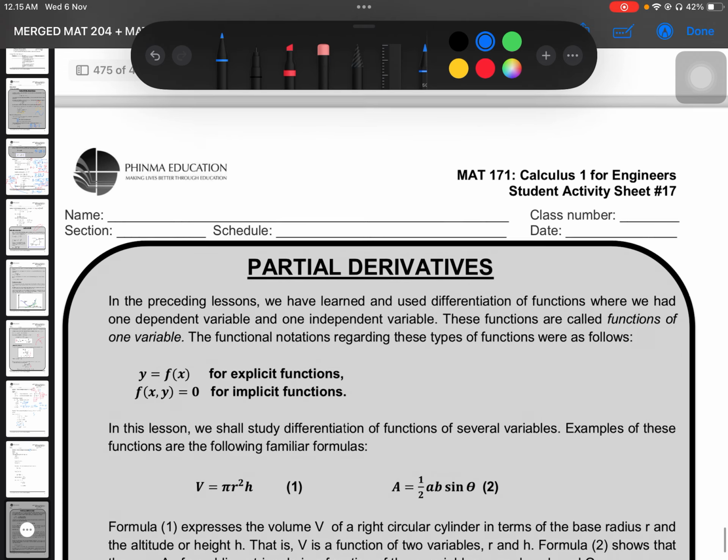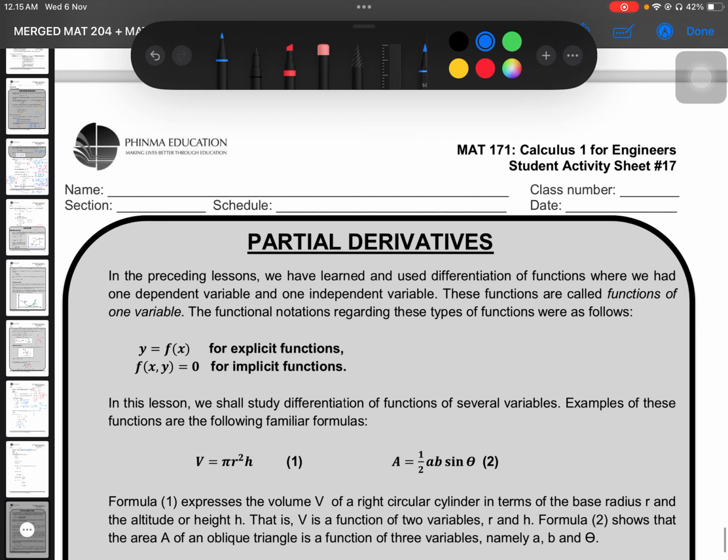And for the last part of this module, okay, so this is the partial derivatives. Okay, so for the partial derivatives, from the word itself, partial, ibig sabihin parang parte. Okay, parte ng equation na yon. Okay.